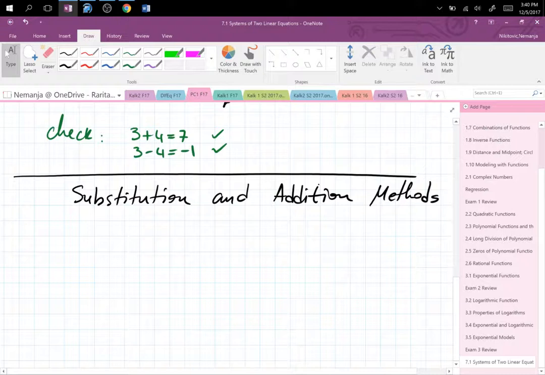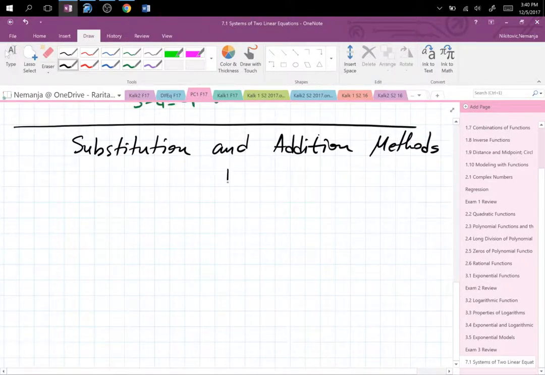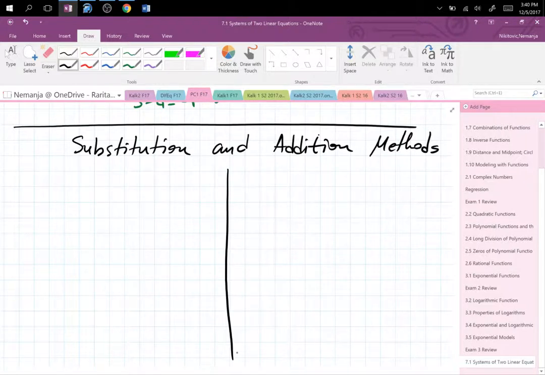So they're different creatures. I will solve the same problem using both of these methods, and then you will decide which method is, well, some methods are more appropriate than others in different situations.